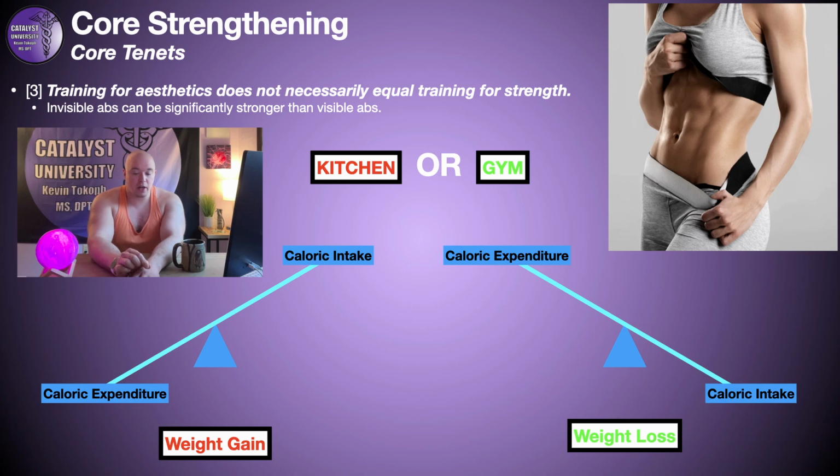But if I have another individual who puts on body fat much more easily, and they naturally have a little bit more, they're going to have to spend a little bit more allocated percentage in the kitchen, dieting, getting the body fat percentage down, because they can hypertrophy those ab muscles all they want, but if there's still body fat covering them, they're just not going to be visible. So is it kitchen or abs? It's both. It's both. But some people may need a greater percent contribution coming from one or the other.